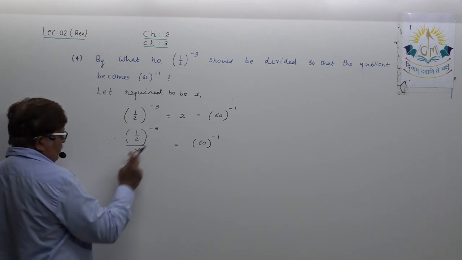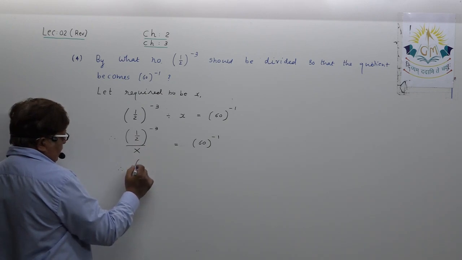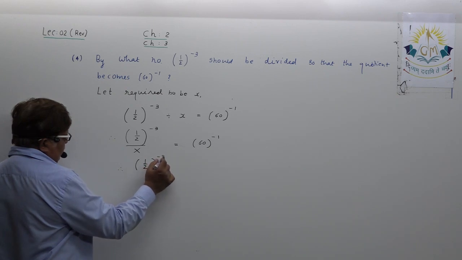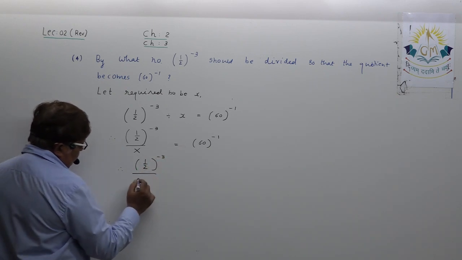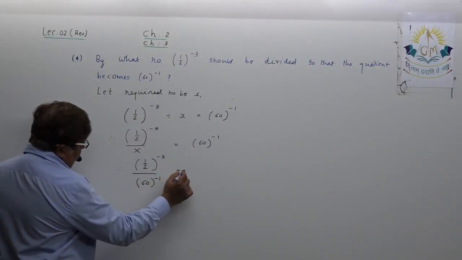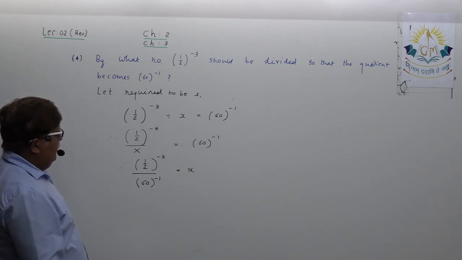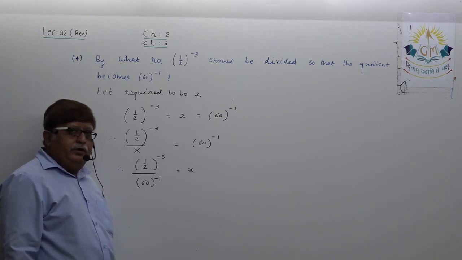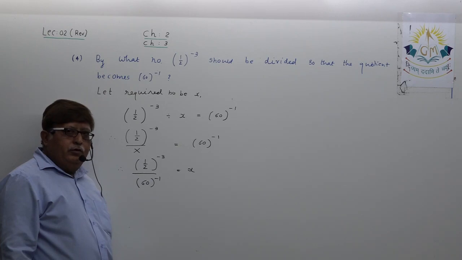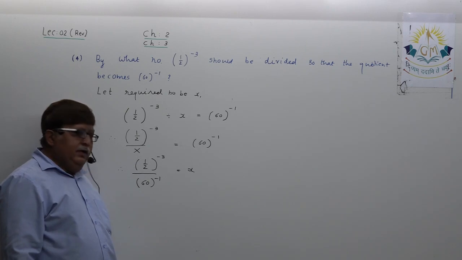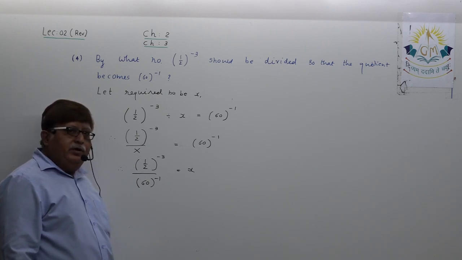Next step, it is just a question of exchanging the term. 1 upon 2 raised to minus 3 upon 60 raised to minus 1 equal to x. Please concentrate on the method and the steps we are following in solving this example, because during the regular lecture we may not be able to solve so many examples.